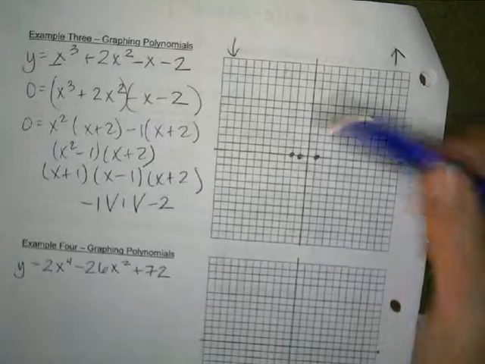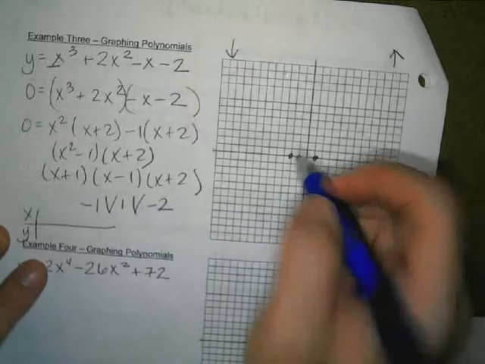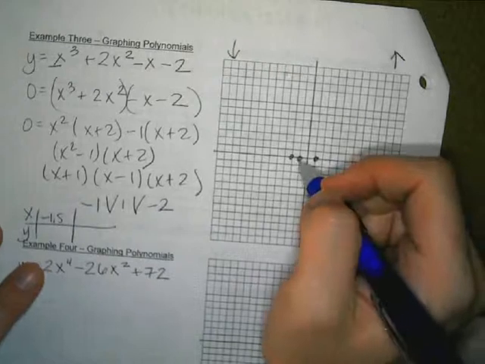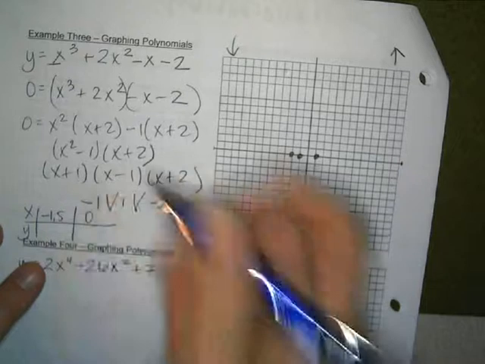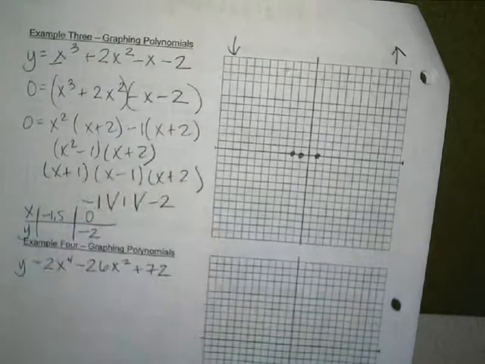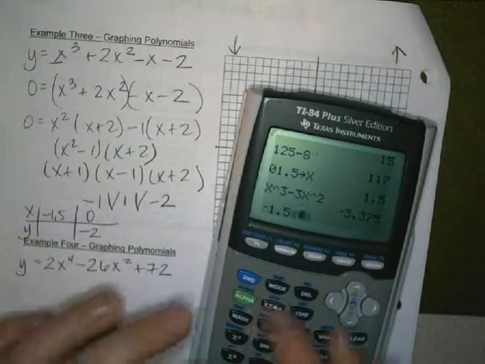So I have to, in my table of values, find the halfway point between -1 and -2, which is -1.5, and the halfway point between 1 and -1, which is 0. Well, when I plug in 0, that one's easy. I just get -2. When you plug in -1.5, let's actually do that one.